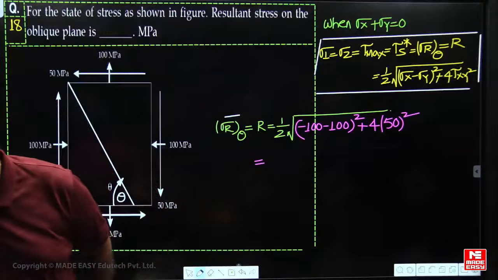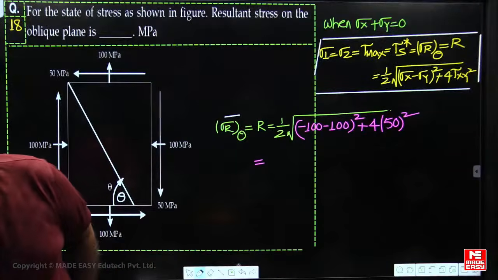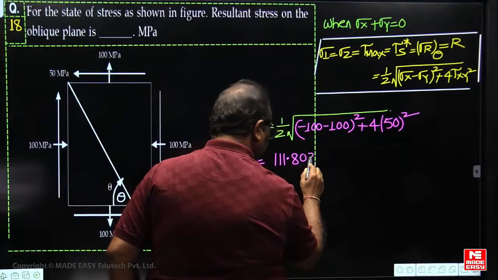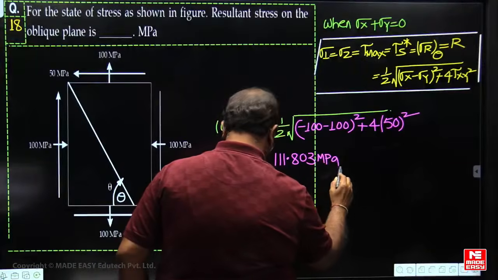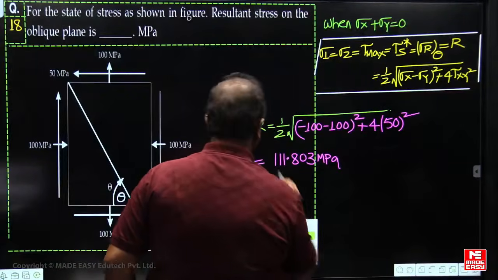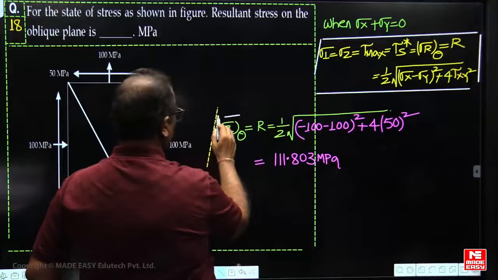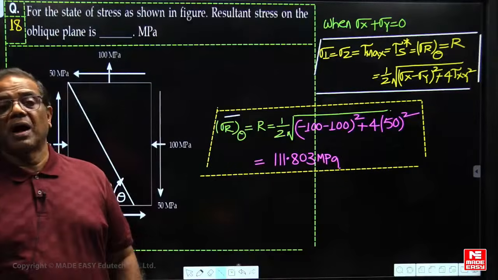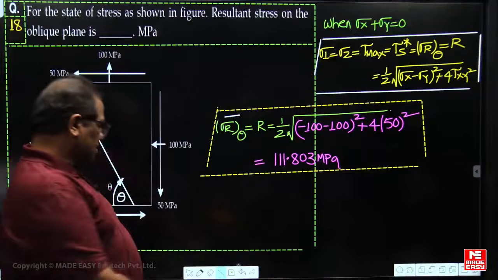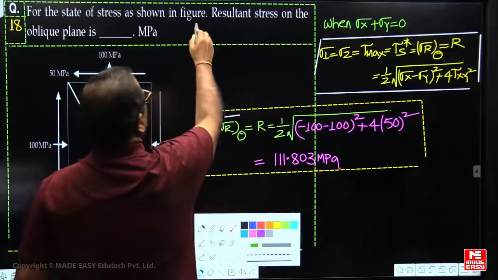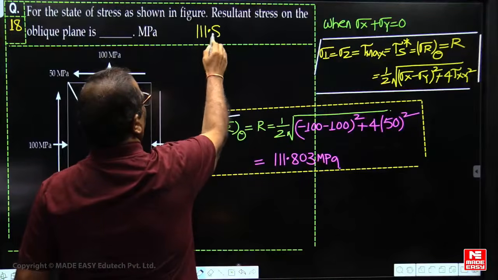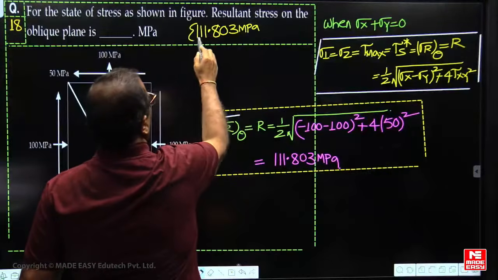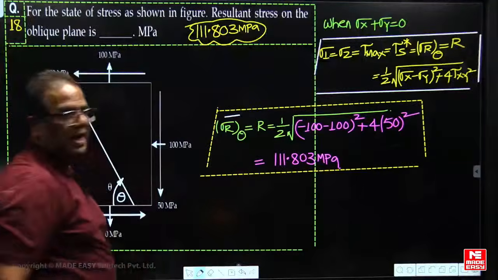This value you are getting, good. Somebody has already given 111. So this itself we can call sigma 1, sigma 2, tau max, all are the same. So the answer for the question is 111.803.